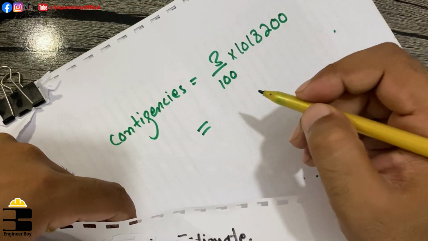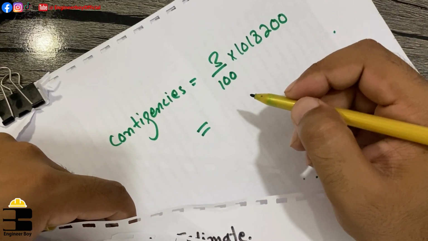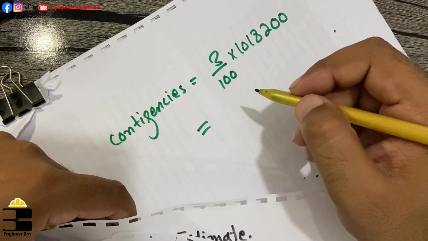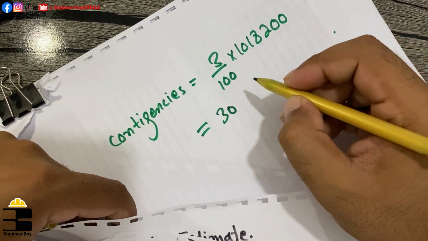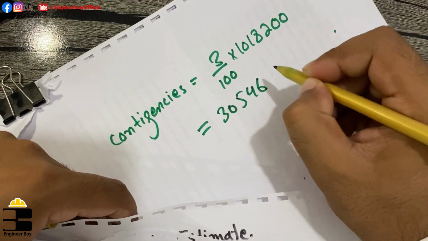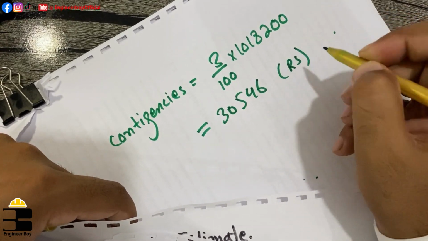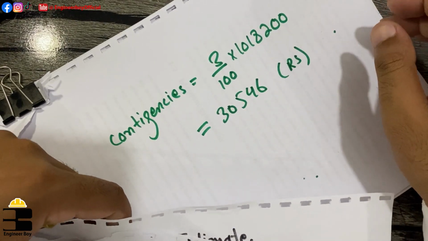So we have the contingencies, and if I'm not wrong, the contingency is 30,546 RS. RS means again rupees.